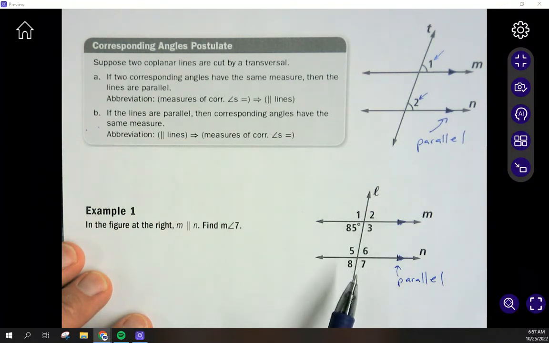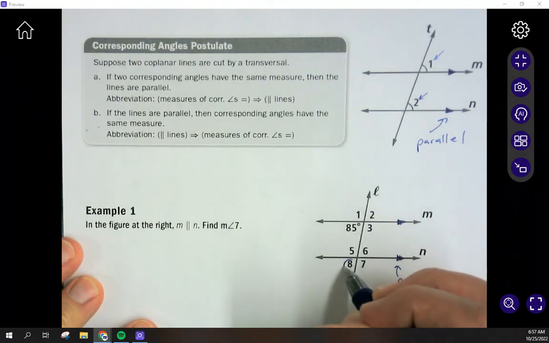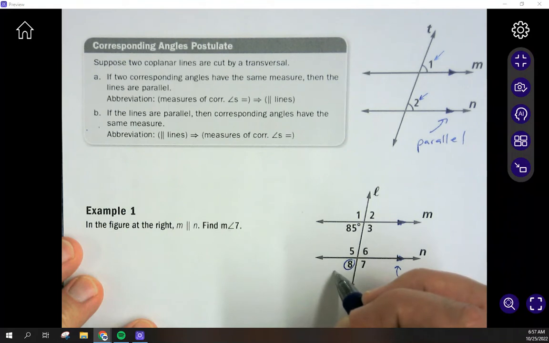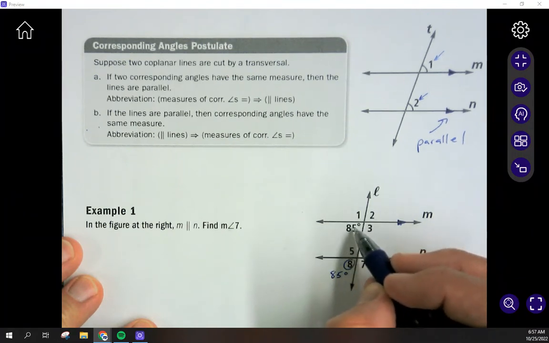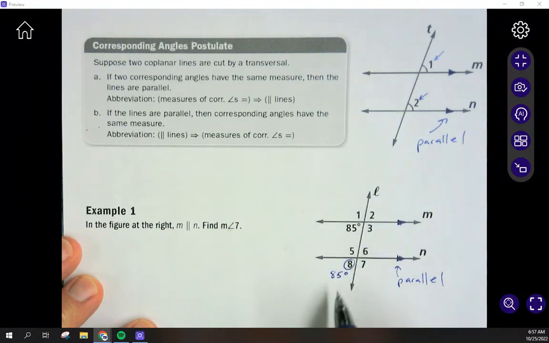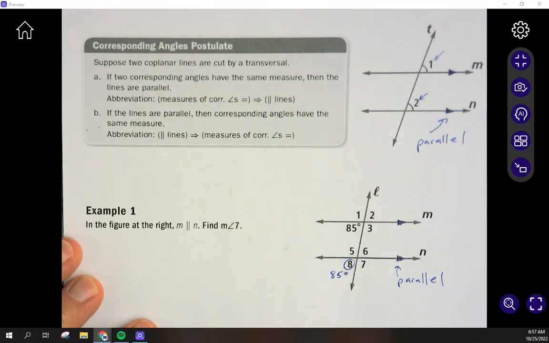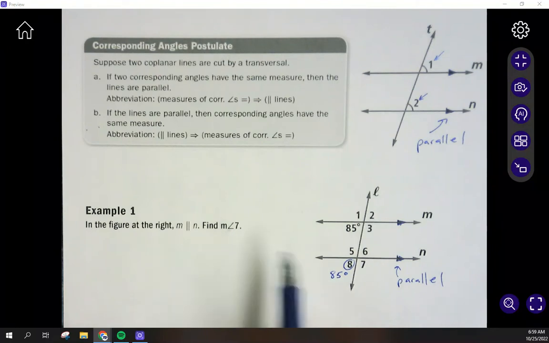Specifically, the corresponding angles have to be equal. So when you see 85 degrees right here, I know angle 8 is also 85 degrees because out of this group of 4, bottom left, out of this group of 4, bottom left. Those are corresponding angles. If these are parallel and this is cut by a transversal, we know that they're equal. Now, if you see the question is asking you for angle 7.